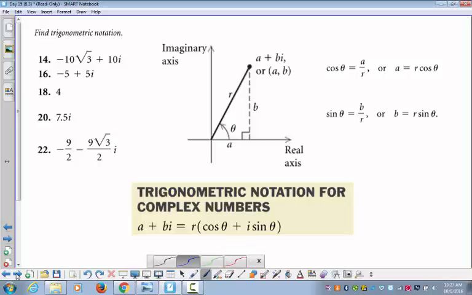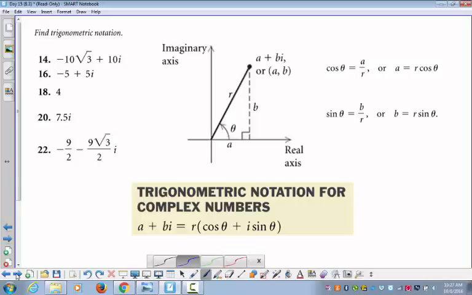This is the standard complex form, a plus bi form. So these complex numbers all have this form, a plus bi. And what we're going to do is convert that to a trigonometric form where we identify the angle of rotation counterclockwise, and we identify the distance to the origin. And so this is going to give us another way to think about complex numbers.